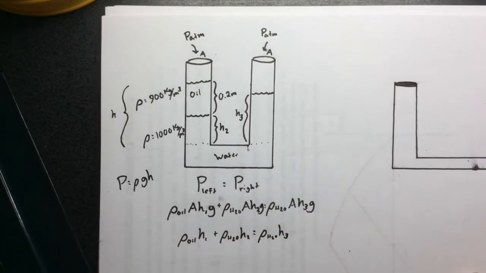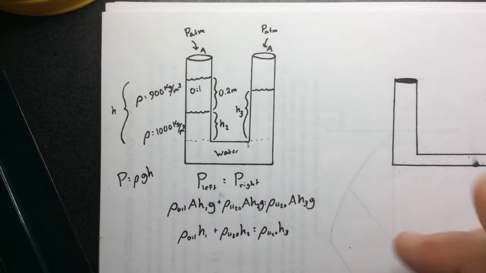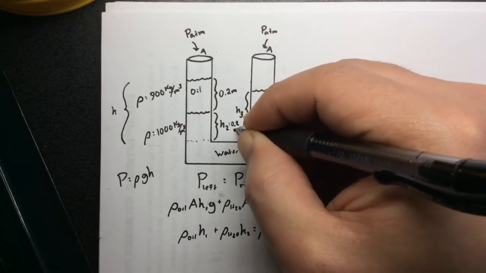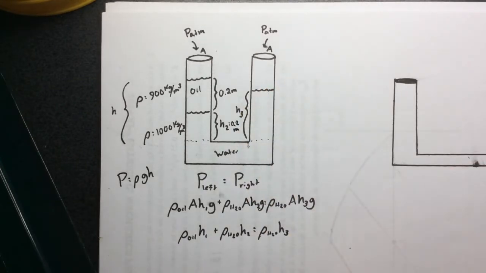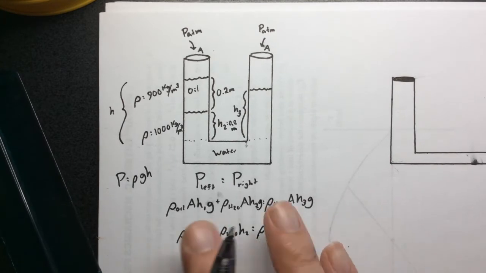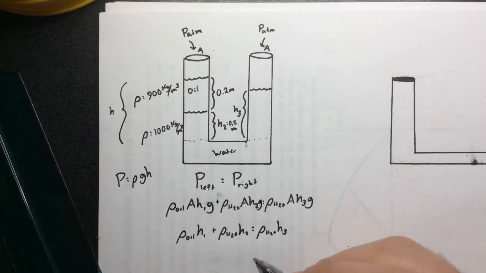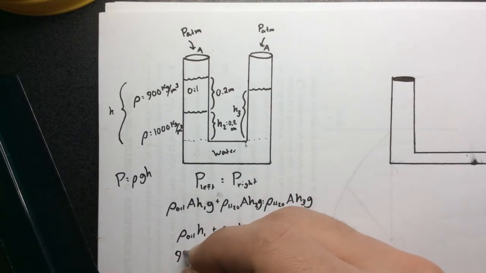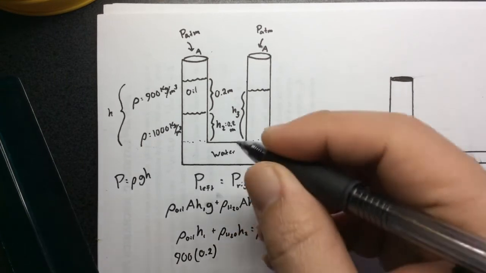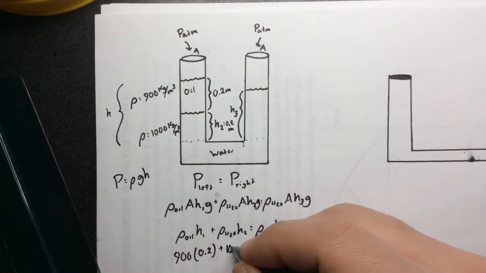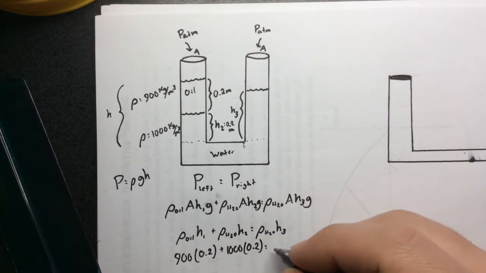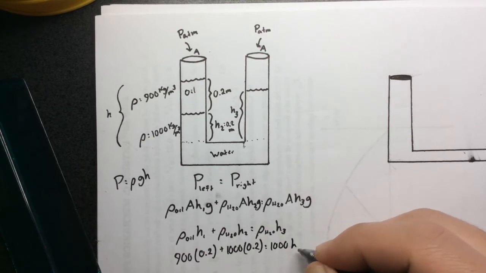So, if we were to designate an H2, and let's make H2 a value of 0.2 meters as well, then we should be able to solve this equation to find H3. So oil, said it was 900 here, H1, 0.2, it could be different, but we chose 0.2, plus water, 1000, H2 again, 0.2, is equal to water, 1000, H3.